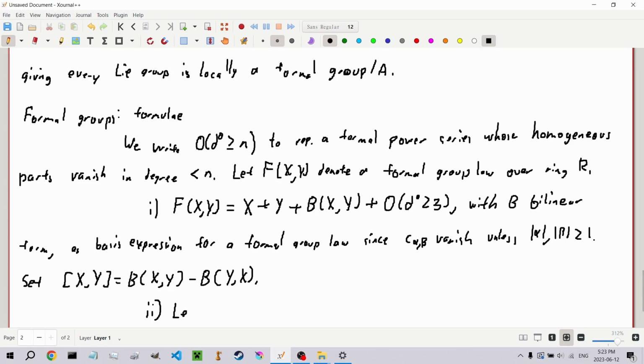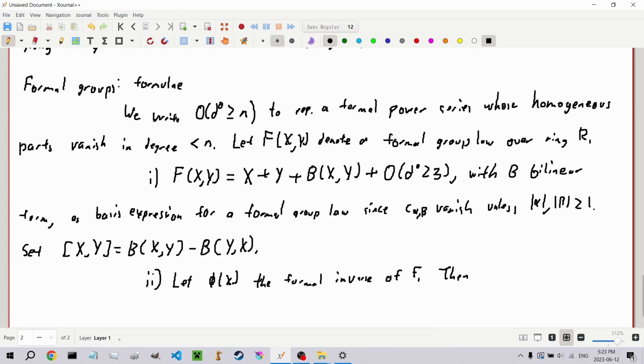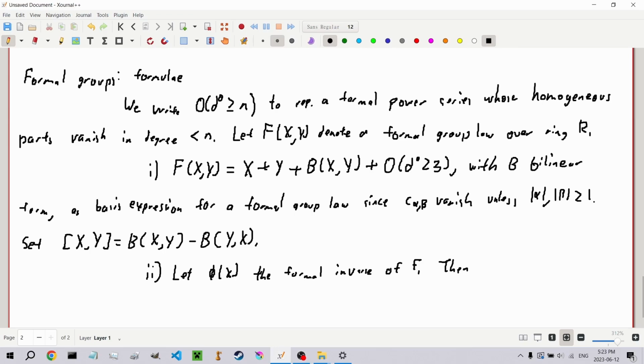Secondly, we're going to let phi of x be the formal inverse corresponding to f. Then the inverse of x has to be negative x plus the bilinear form of x itself plus some higher order stuff.